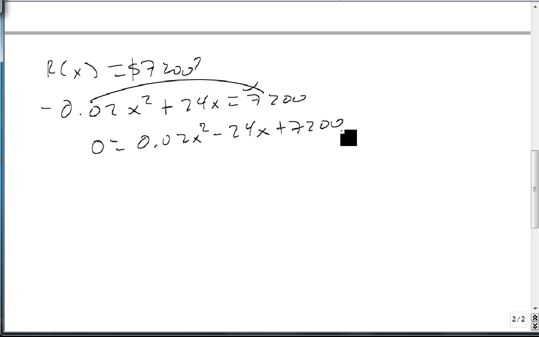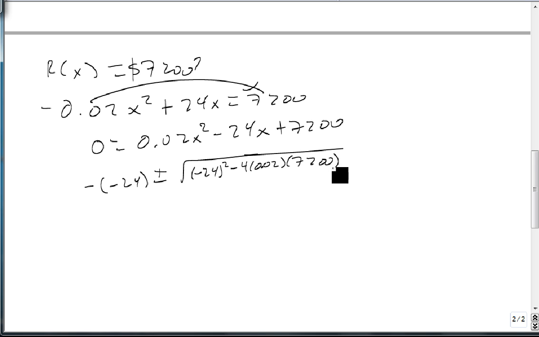And we do the same thing we did before, but we change one number. Notice that the rest of this is going to be the same. We still have negative negative 24 plus or minus the square root of minus 24 squared minus 4 times 0.02 times 7,200 this time, all over 2 times 0.02.